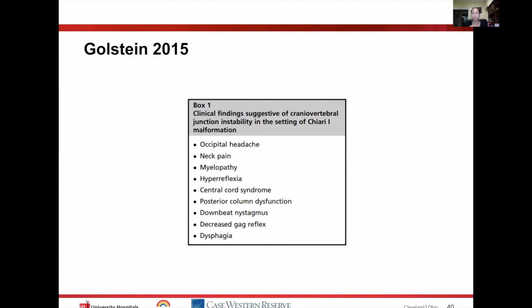So recurrence of their occipital headache, in particular neck pain, if they develop new myelopathy or hyperreflexia, if they have any sort of posterior column dysfunction, if they have a downbeating nystagmus or change in their gag reflex or dysphagia. So all of those bulbar signs that were occurring before, if these are new following decompression, you have to be a little bit concerned, especially in the setting of a patient who had complete resolution of her syrinx and adequate CSF space around her cord.